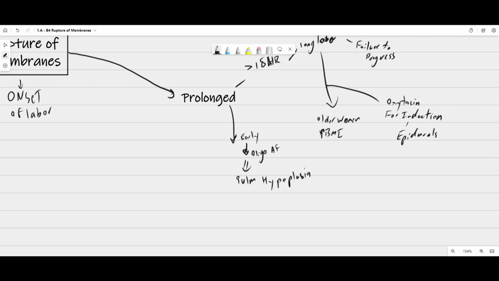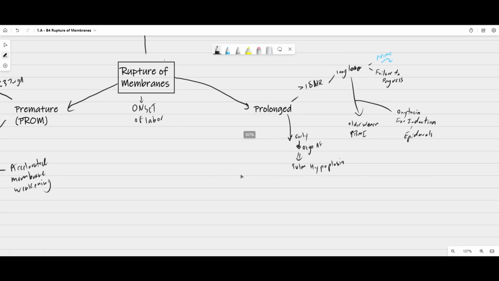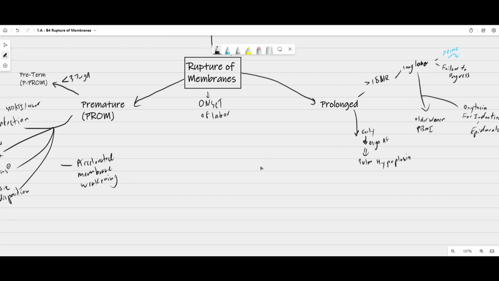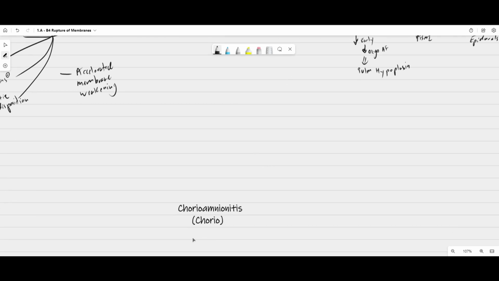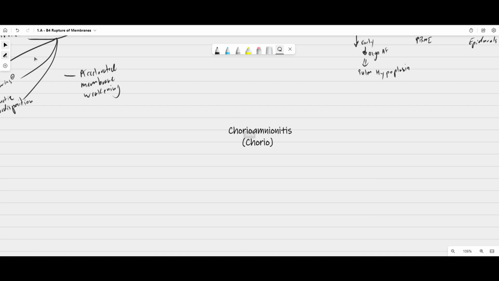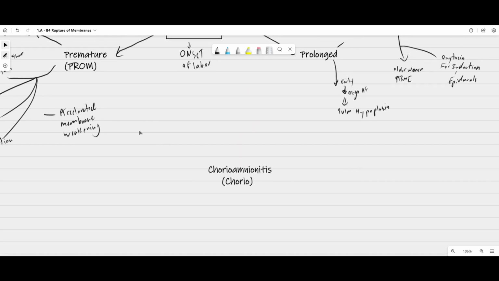And that's one of our big complications with it. Now if we have premature rupture or prolonged, so it's going on for a little bit too long, a couple things can go on. We have all that normal flora hanging out down there, and it can lead to what we call chorioamnionitis, or just a chorio, which is an infection on the maternal side.